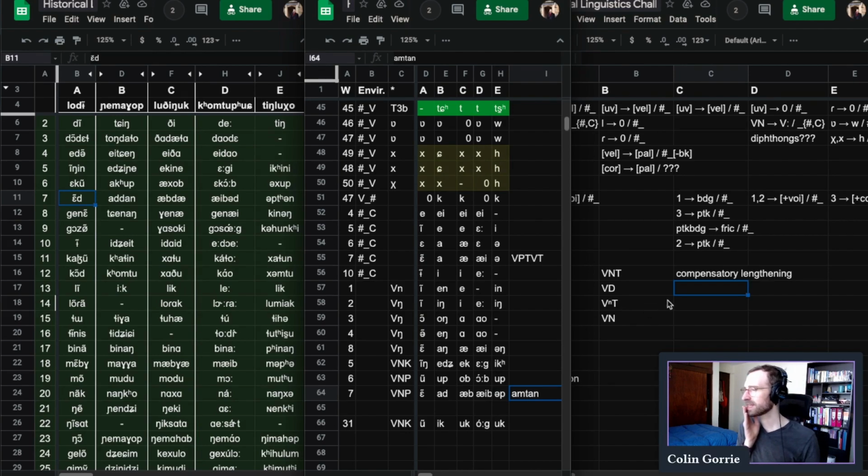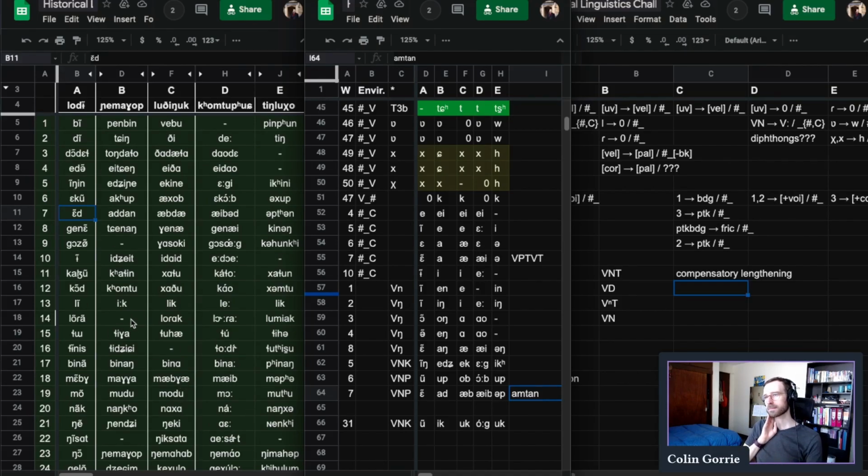What are the disadvantages of the VNT theory? It runs into issues, as Sutton points out, with word 1, penbin, unless we lose the second syllable before, and then it ends up being just pen.